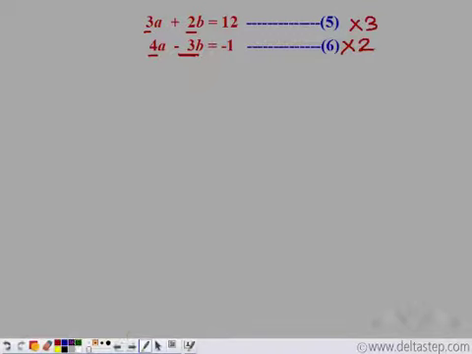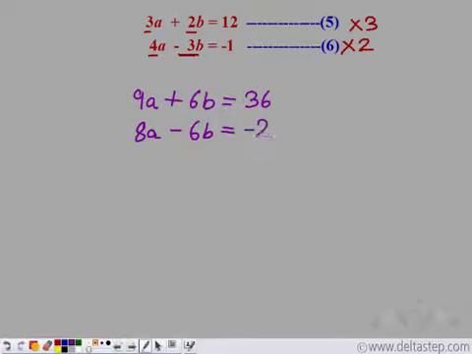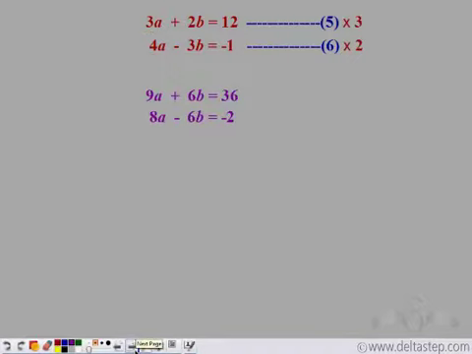So 3 into 3a gives us 9a, 3 into 2b gives us 6b, and 3 into 12 gives us 36. 2 into 4a gives us 8a. Then we have a negative sign. 2 into 3b is 6b, equal to 2 into negative 1, which is negative 2. So we have these two equations.